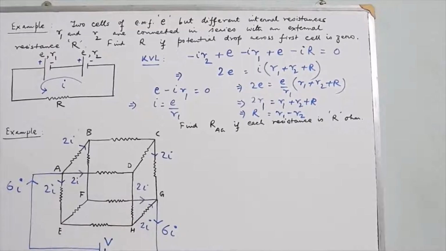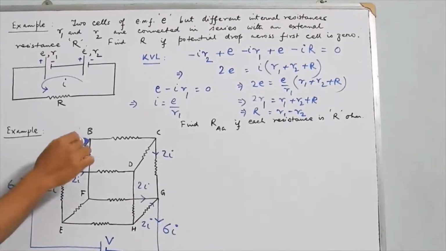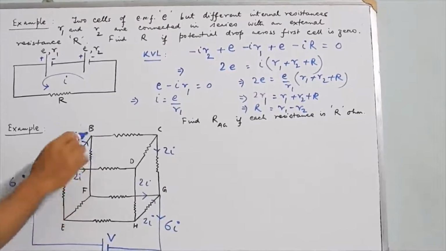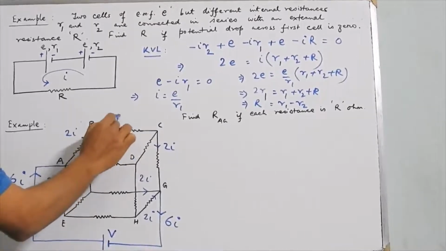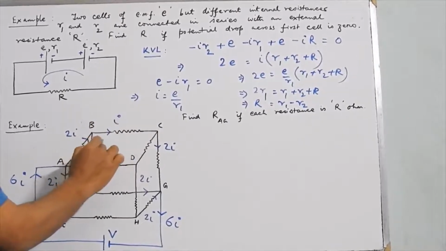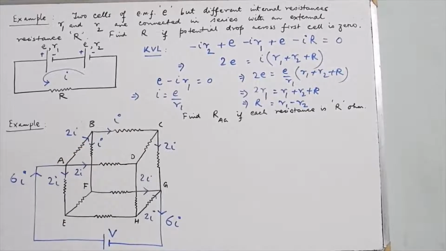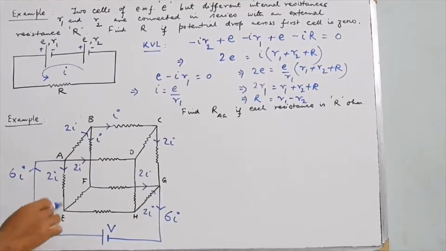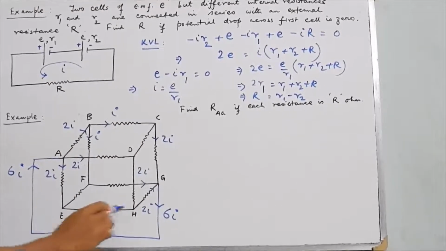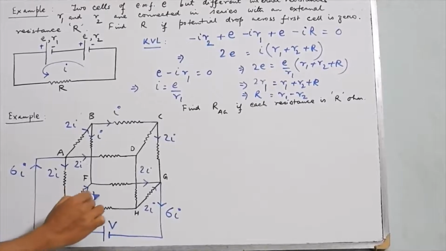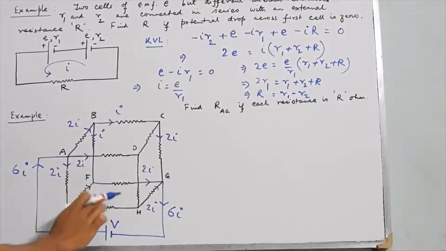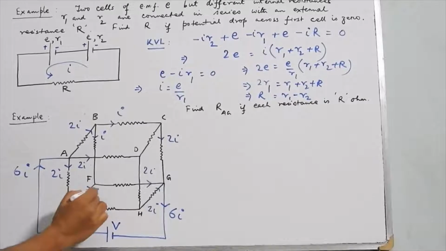Now again you can see that 2I now branches in this direction, that is BF and BC. So this must be I and this must be I. And for this one also 2I will branch in this direction and in this direction. So this will be again I and I each.